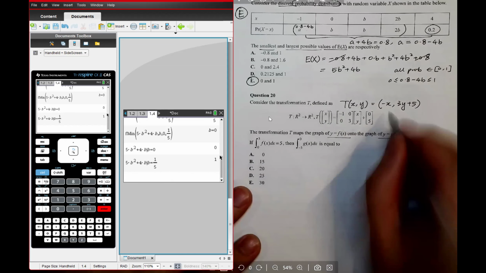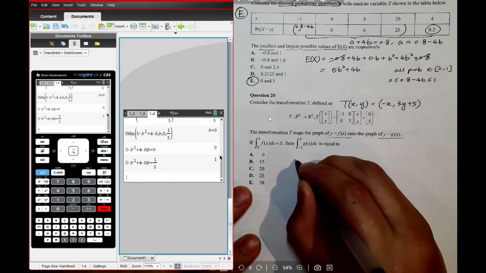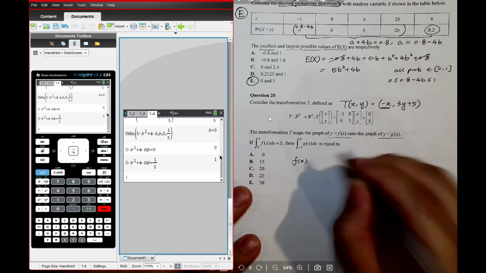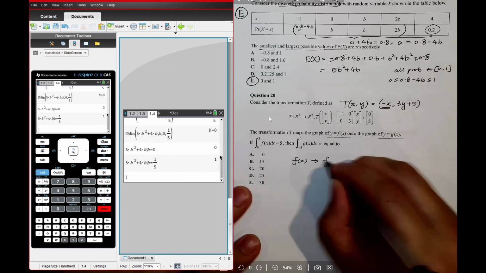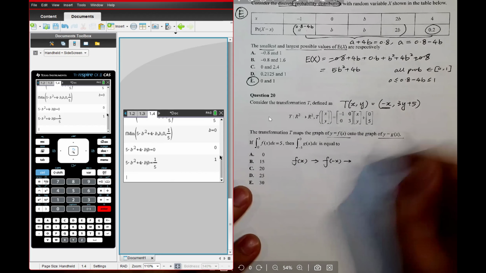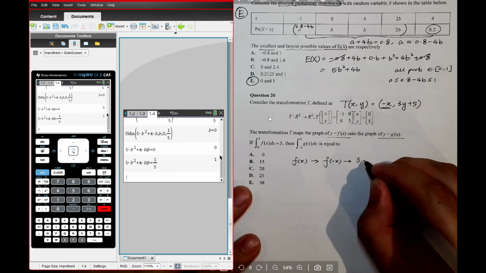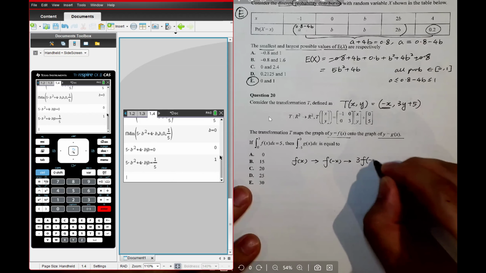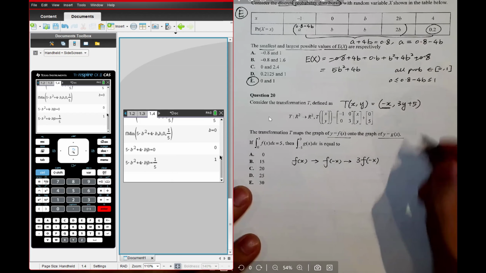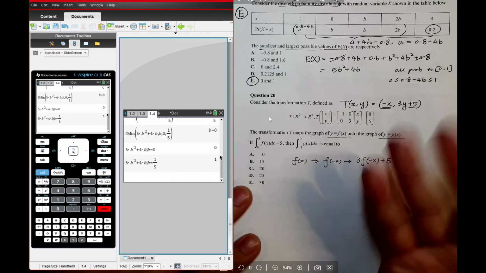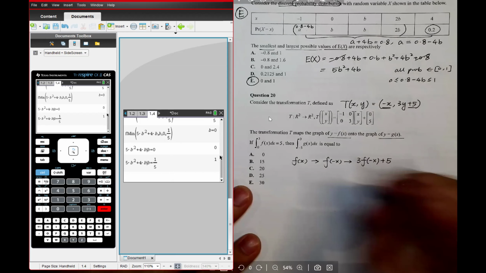So let's say, okay, f of x, if I use a reflection in the y-axis, that will give me f of minus x. The next thing is, if you notice the 3 here, that is a dilation factor parallel to the y-axis. So multiply a 3 to f of minus x, and then this is plus 5, so you get shifted by 5 units upward, okay?